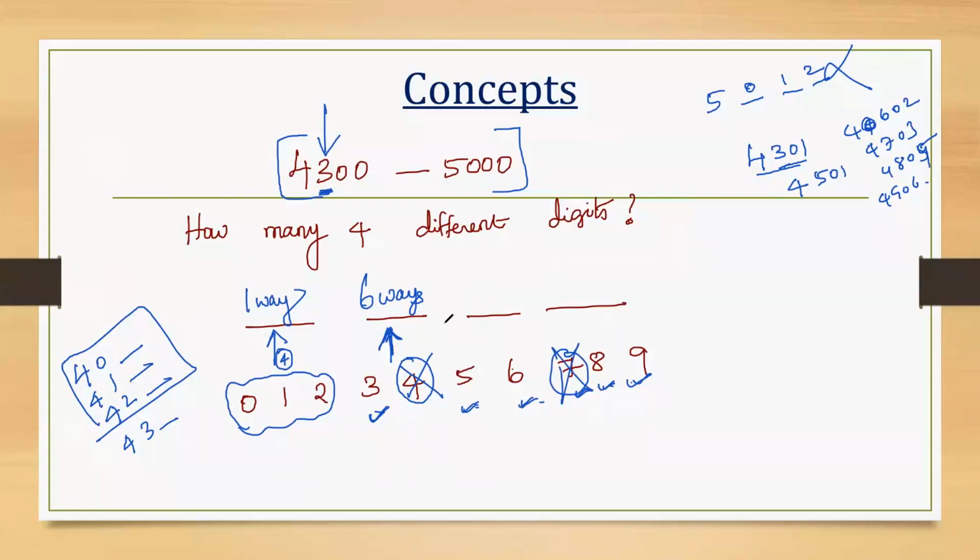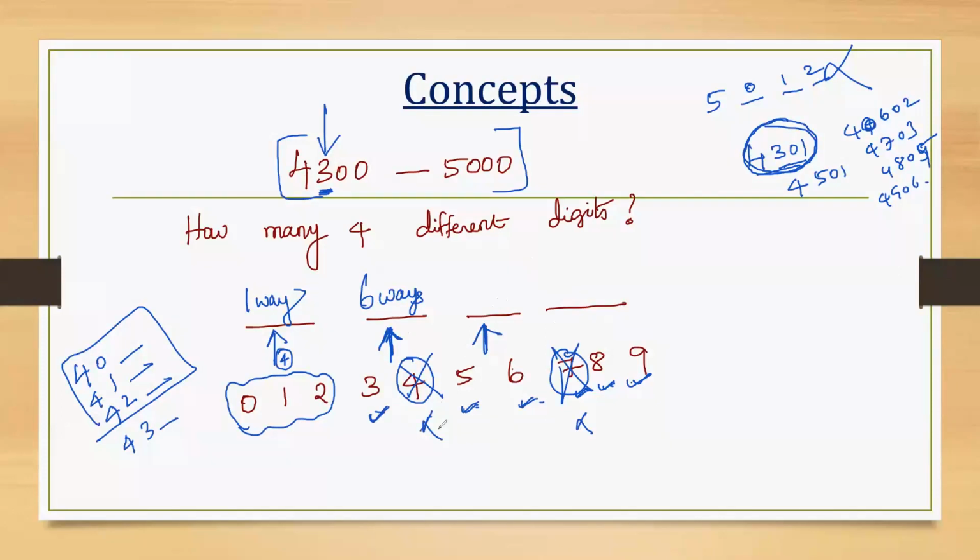Now, in this place, how many numbers are possible? Already 4 is out, 7 is out. Now we can have 0, since the first number is 4301. Is it clear? So now in this place we can have 0.